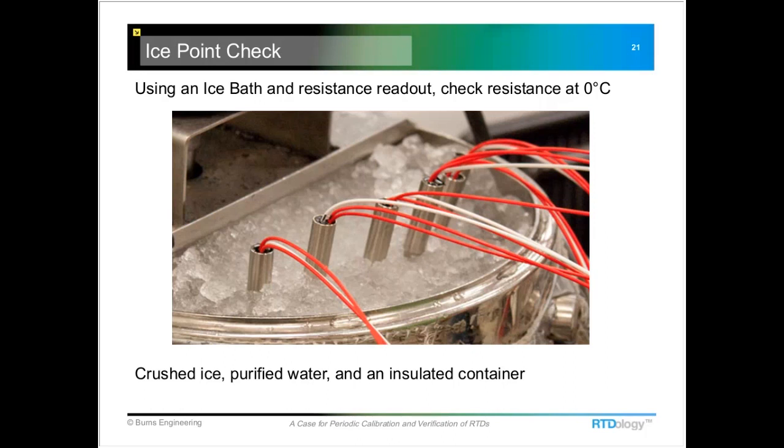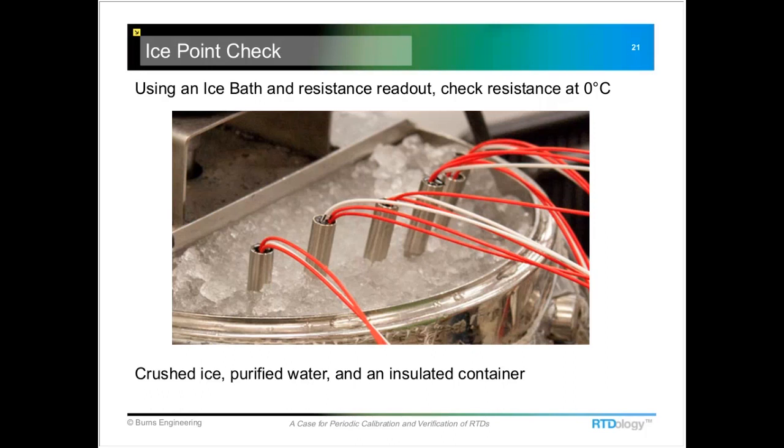Pack it into an insulated container. It can be a fancy dewar like this with all stainless steel and vacuum insulated, or it can just be a styrofoam igloo cooler packed full of crushed ice, and then just pour in enough purified water to fill up the gaps in the ice. You don't want the ice to float. You just want all the air to be displaced out of it.